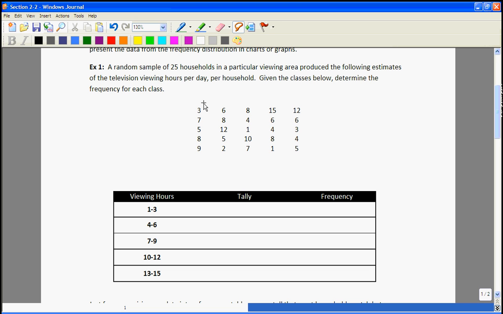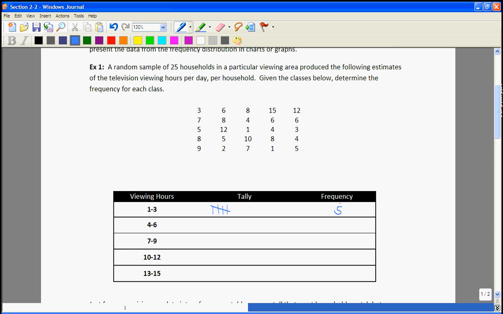So it looks like I have that first 3, and then the 1 in the third row, and the 3 in the third row, and then the 2 and the 1 in the last row. So that gives me a total of 5 data values that fall in that class.